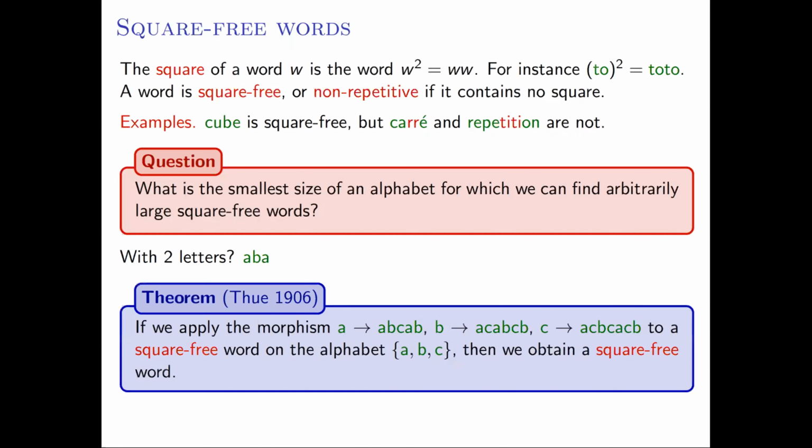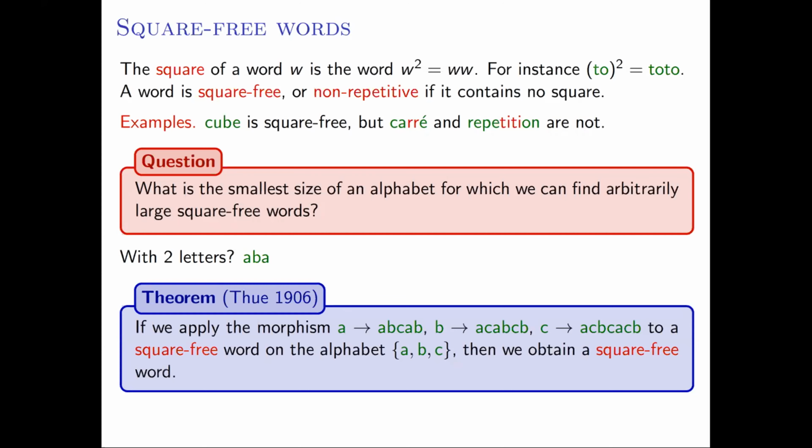The fundamental result of Thue from 1906, which can be seen as the foundational result in combinatorics on words, is that you can actually build arbitrarily large square free words on any 3-letter alphabet. So if you have the alphabet A, B, C, you will be able to construct very large, actually infinite, square free words. And Thue gave a constructive way to build this word.